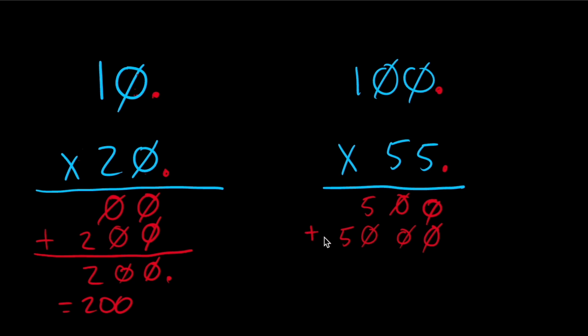And then we add our adding symbol and solve. 0 plus 0, 0 plus 0 is 0. 5 plus 0 is 5. And then 5. So we have 5,500 as the answer.